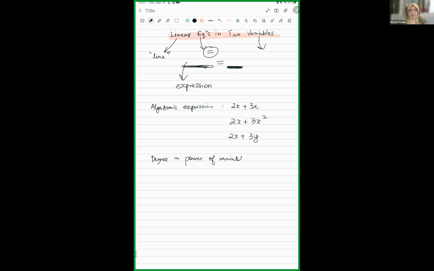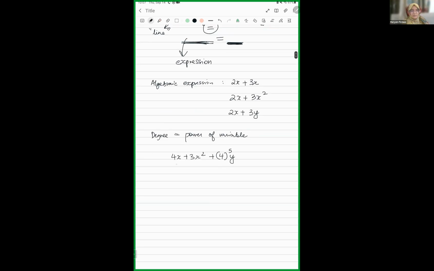So let's say if I give you an expression or an equation, 4x plus 3x squared plus 4 to the power 5y. What is the degree of the first term, 4x? 1. Very good.